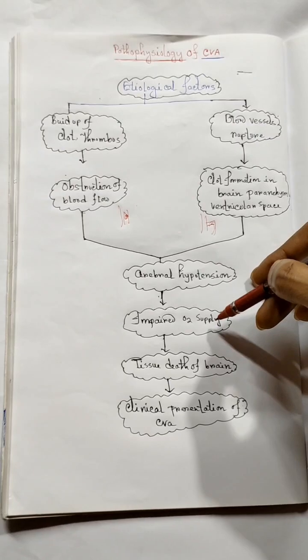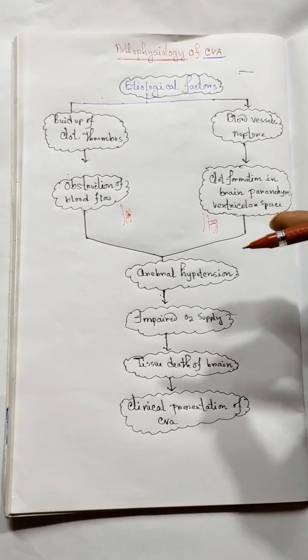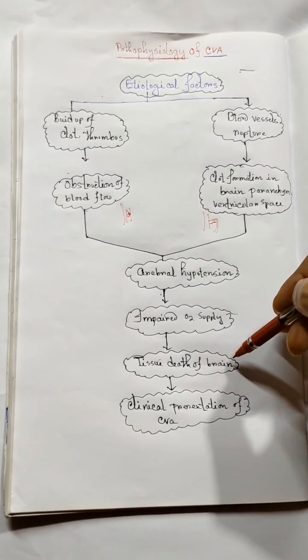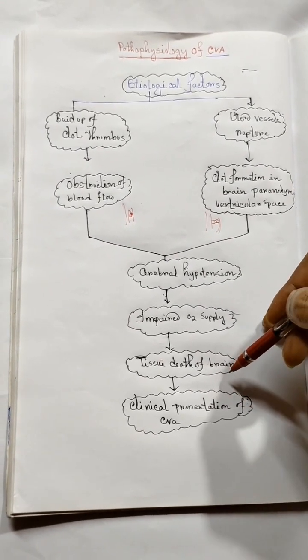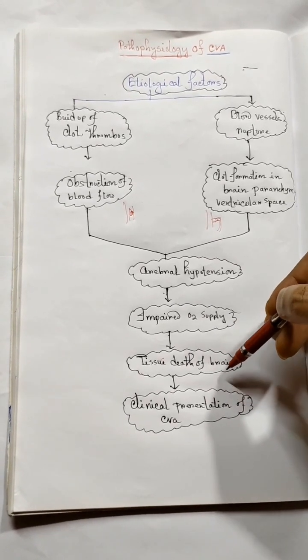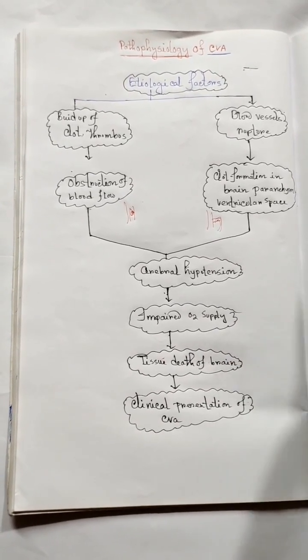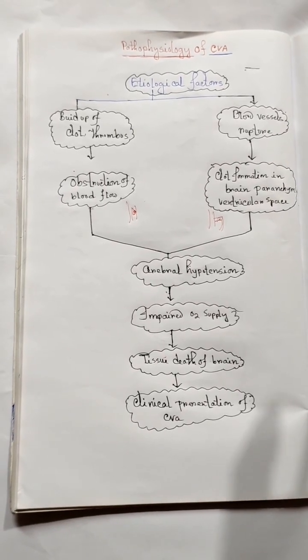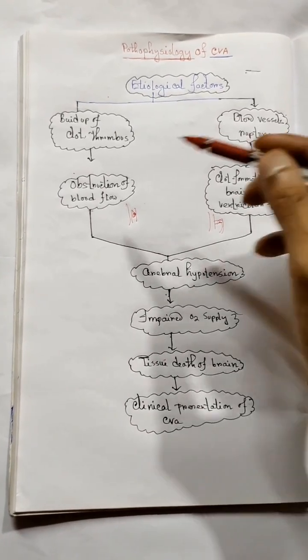When the impaired oxygen supply to the brain is prolonged, it will lead to tissue death of the brain. When the tissue is permanently dead, in any part of the brain, ultimately it will lead to the CVA clinical presentations. It means the signs and symptoms of a CVA will occur, right?